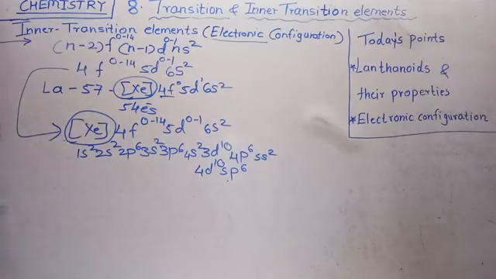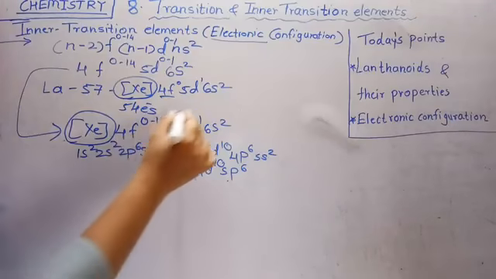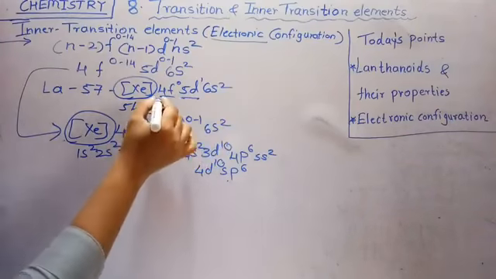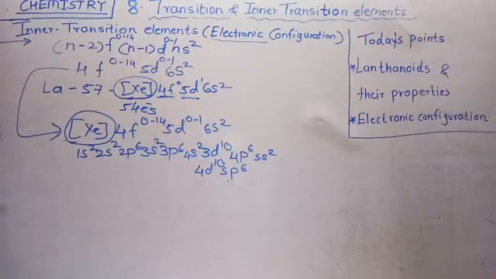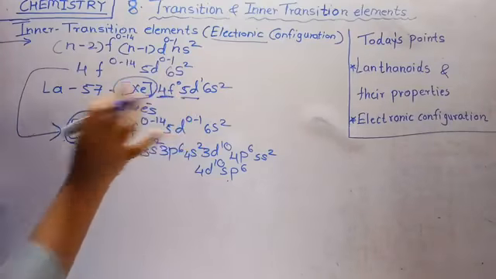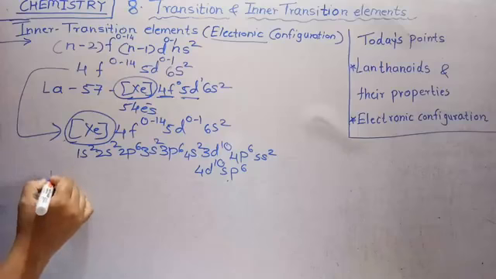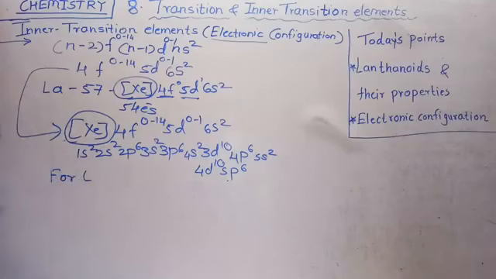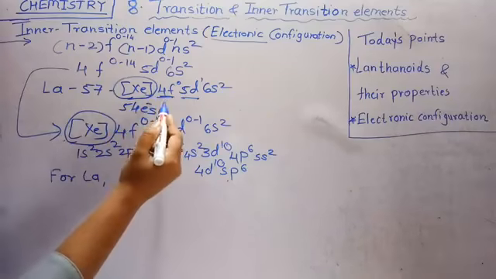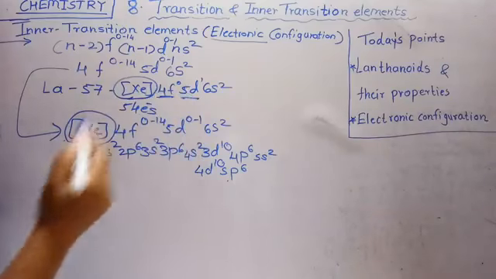This is the general electronic configuration for lanthanoids. See here, the energies of the 5d orbital and 4f orbital are very close. There is a very small energy difference between 4f and 5d. There is one exception case for lanthanum, that the 4f orbital has a higher energy level as compared to the 5d.